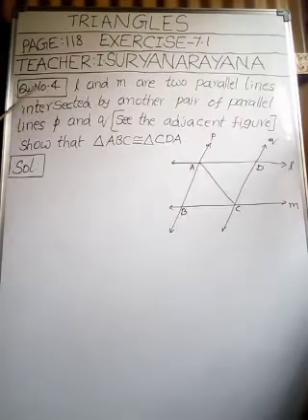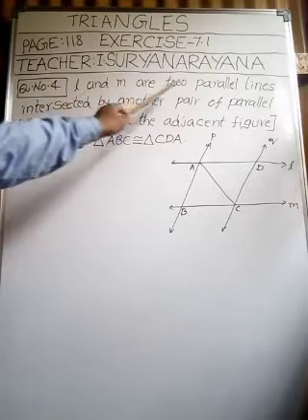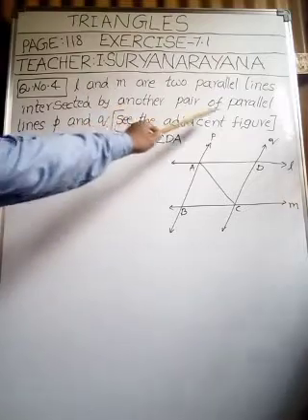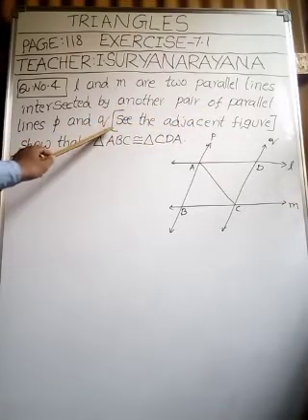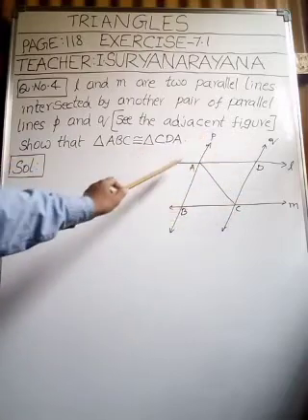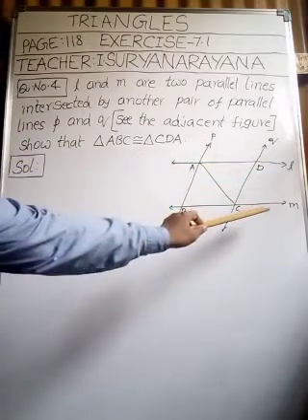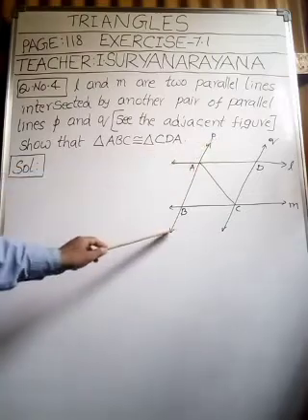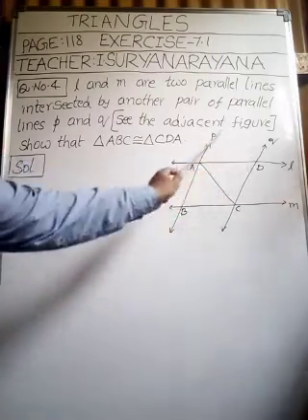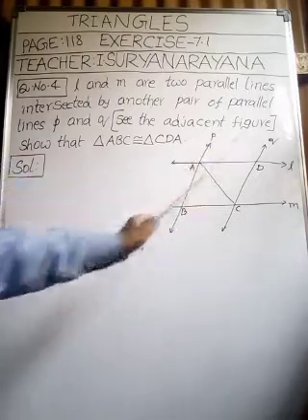Now come to the next question, my dear children. That is question number 4. L and M are two parallel lines intersected by another pair of parallel lines P and Q. See the adjacent figure. L and M are parallel lines, and these two parallel lines are intersected by another pair of parallel lines P and Q. P and Q are also parallel lines.